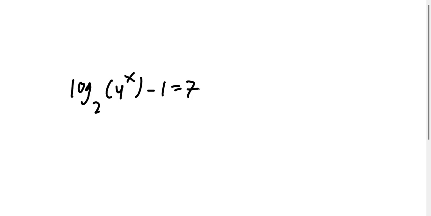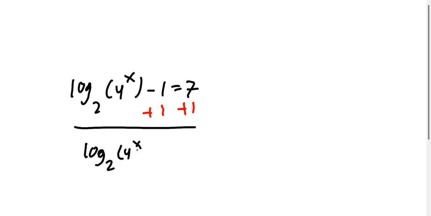First things first, it's probably best that we add 1 on both sides because we want to leave alone that log base 2 of 4 to the x. Log base 2 of 4 to the x is now equal to 7 plus 1, which is 8. Now, we could technically move this to the other side, but then we'd have to calculate 2 to the 8th, which is not something that you should do, especially to save time.